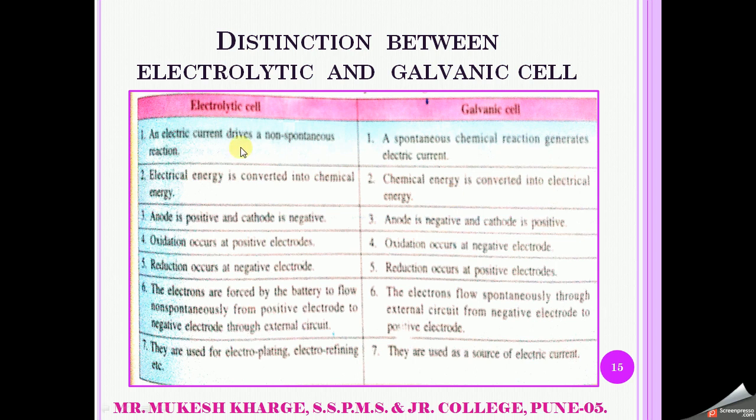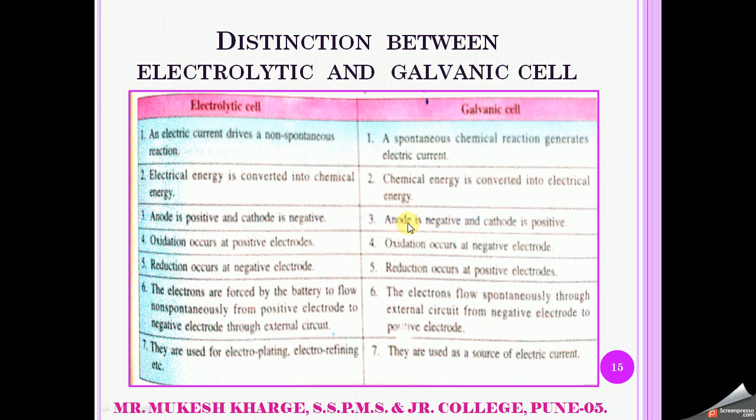electrical energy. In an electrolytic cell, we observe that the anode is positively charged and the cathode is negatively charged. Exactly opposite in the case of a galvanic cell. The anode is negative because there is a loss of electrons, and the cathode is positive because there is a gain of electrons. Oxidation always takes place at the anode, but here the anode is positively charged.